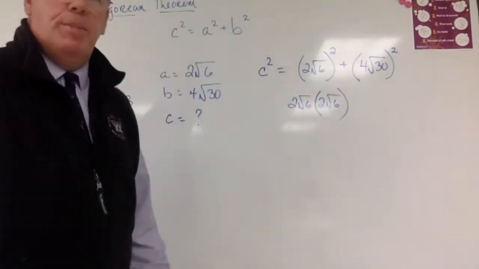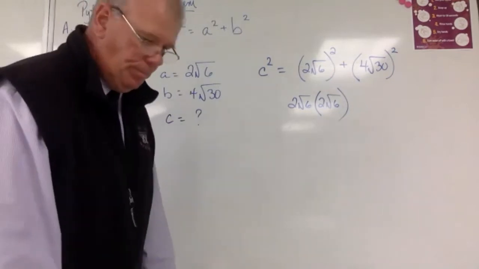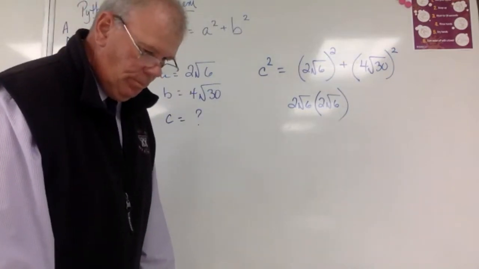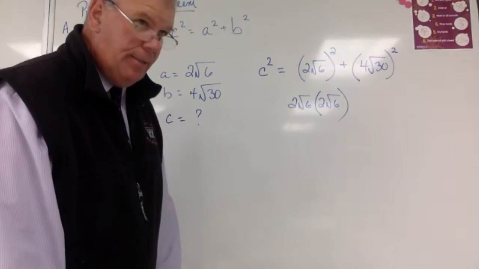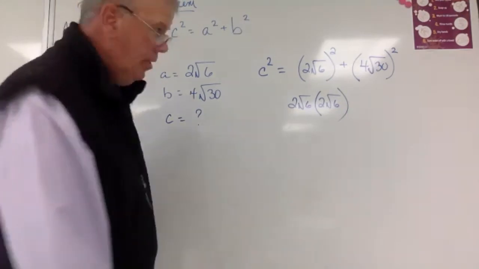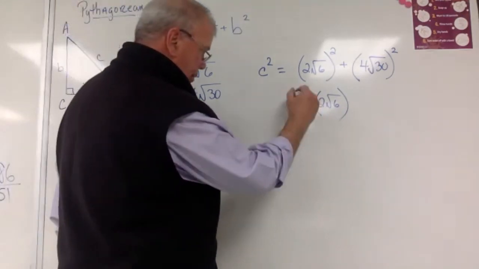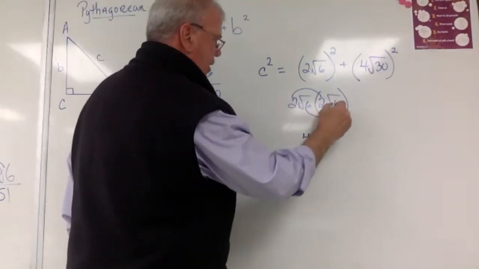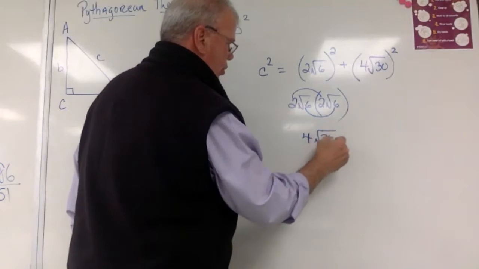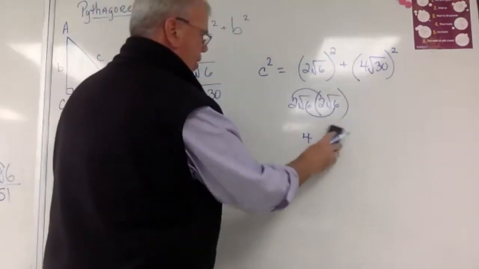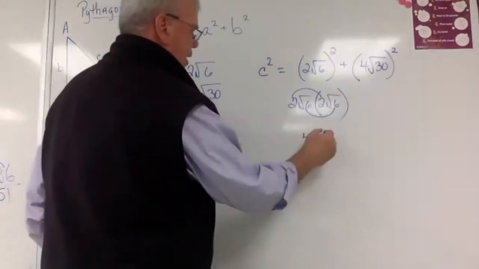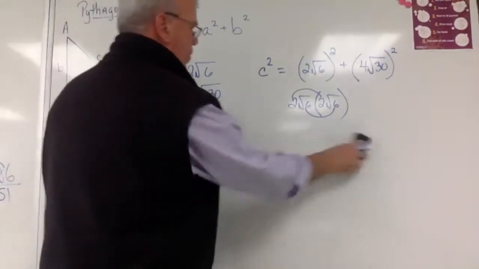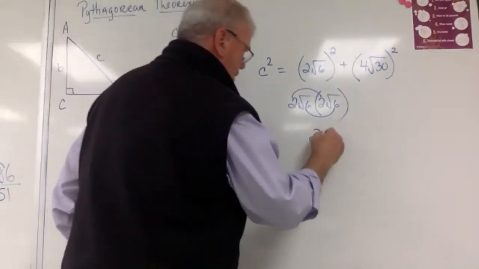What's the rule for multiplying radicals? Outside with outside, under with under. What's 2 times 2? 4. 6 times 6? 36. What's the square root of 36? 6. What's 6 times 4? 24.